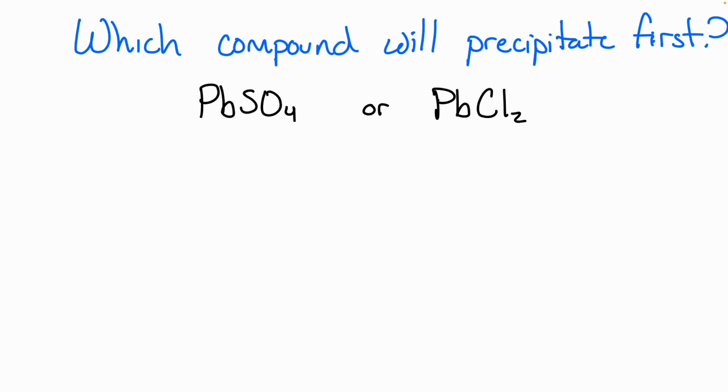In terms of my KSP values, lead sulfate had 1.82 times 10 to the negative 8. And lead chloride 1.17 times 10 to the negative 5.